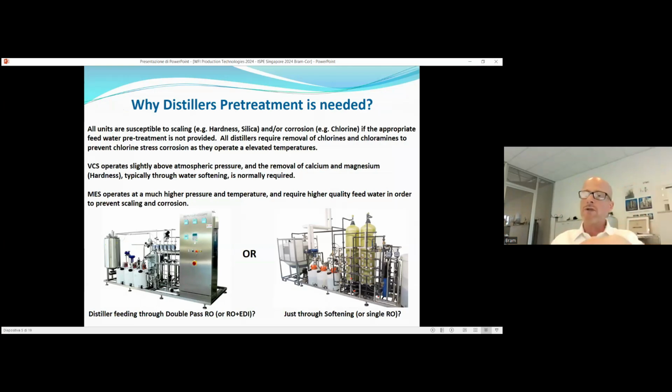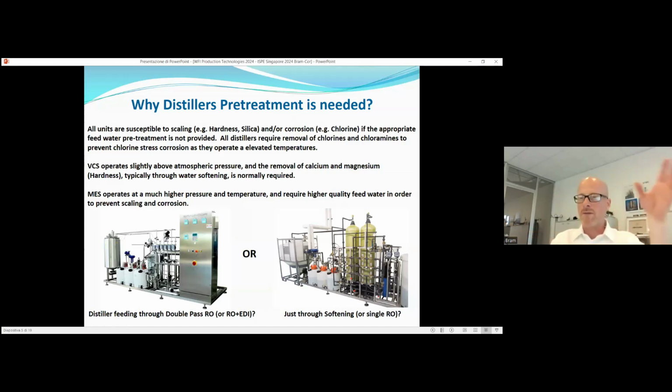So we have to remove all the elements with the pretreatment, all the elements that can create scaling or some chemicals that can damage the membranes, or we have to control the temperature to maintain the life of the membrane in the long term, and keeping the temperature that is not good for bacteria proliferation, etc.